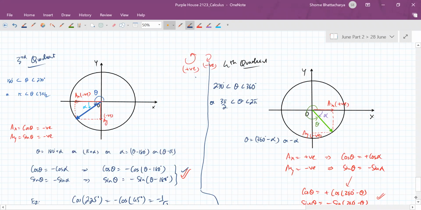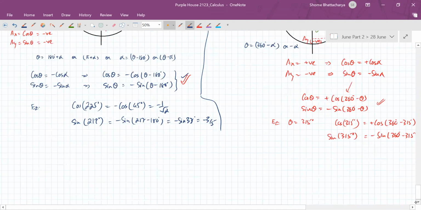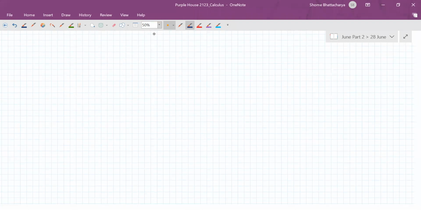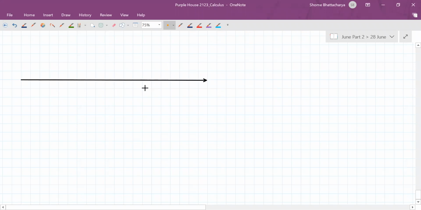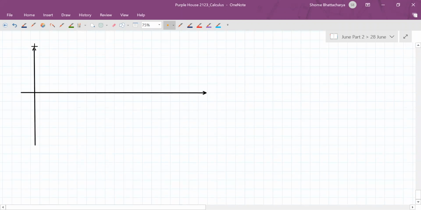Okay, so these formulae are clear now. So let's come back to the graph of sine and cos. Let's start with the graph of cos.